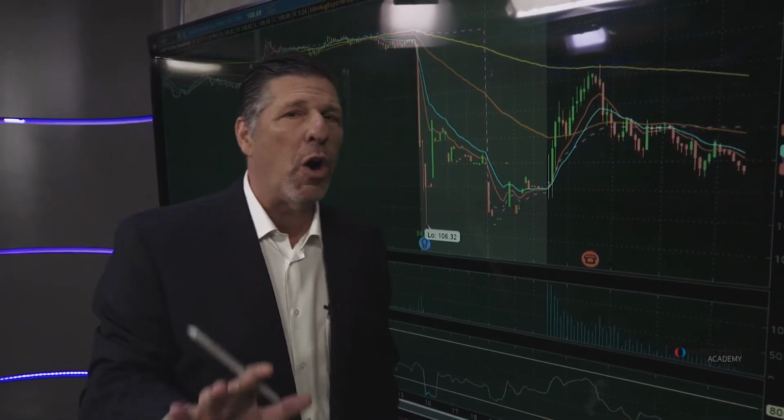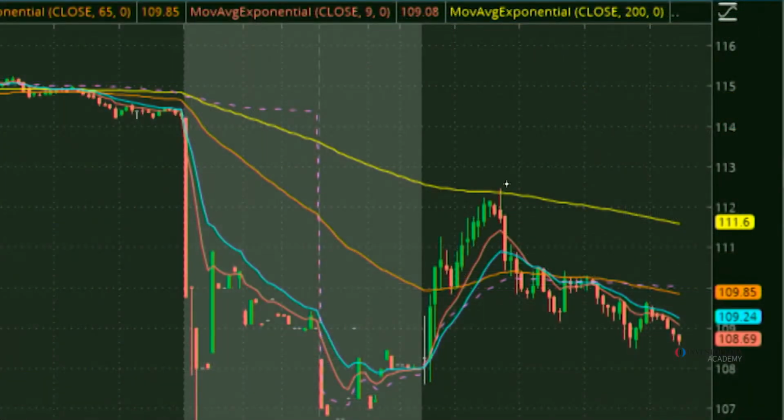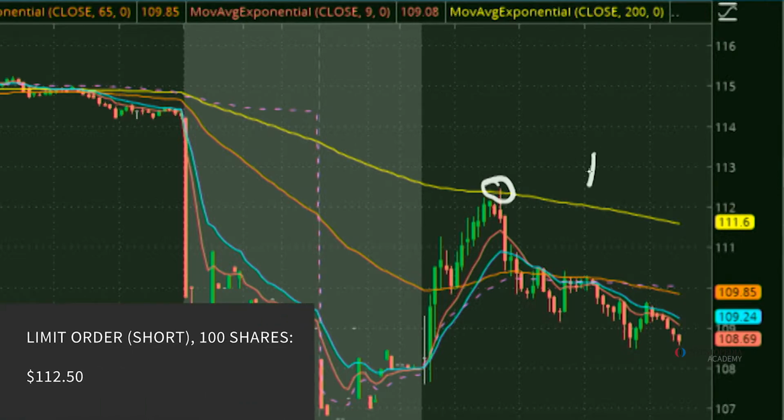So exactly how are we going to execute this trade? This is a trade that we're going to execute using a limit order. And we are watching this stock. It's Casey, and it doesn't really matter what the stock is. The stock goes from 110 to 112. We are going to put in a limit order at the exact price of our 200 moving average. And in this case, that exact price is, let's call it 112.50.